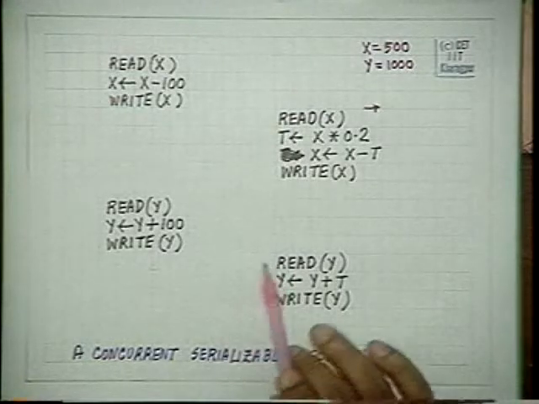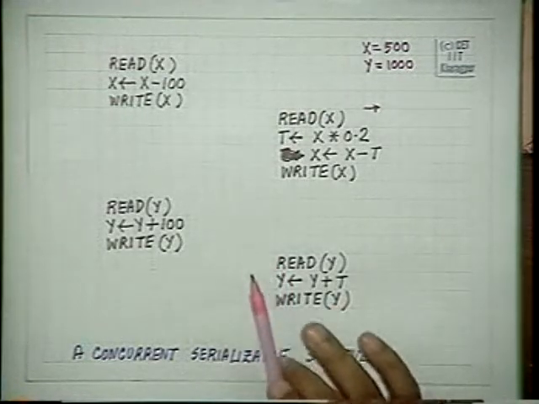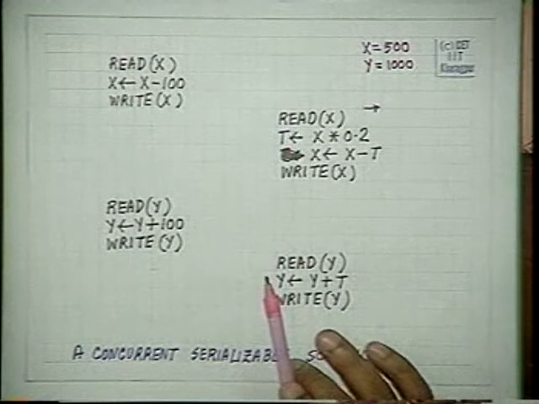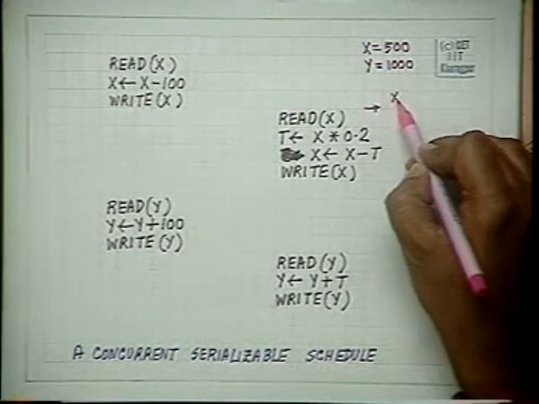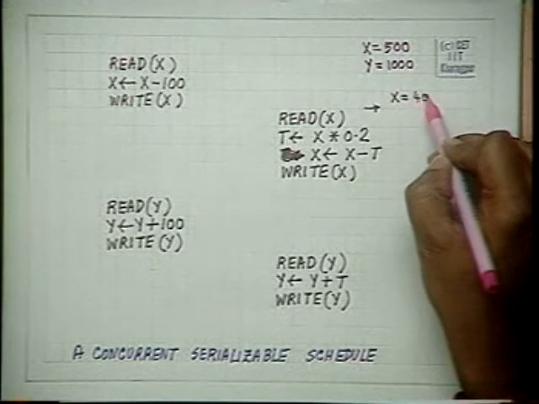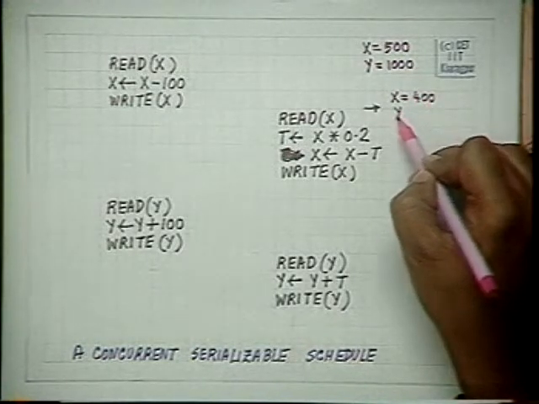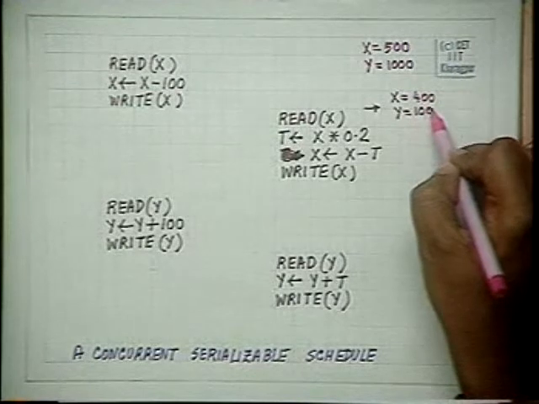We are assuming that there is no failure. We are just discussing the issues relating to concurrency. So at this particular point of time, x will be 400 and y will be 1000.